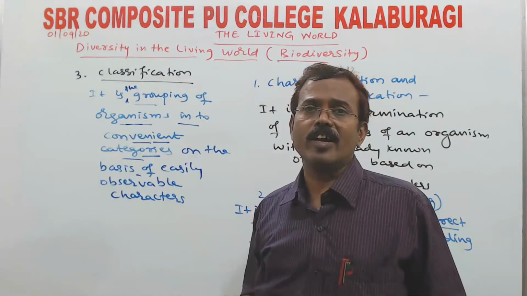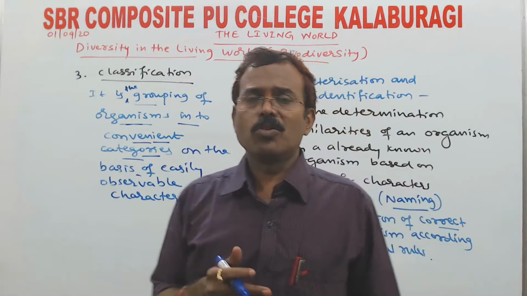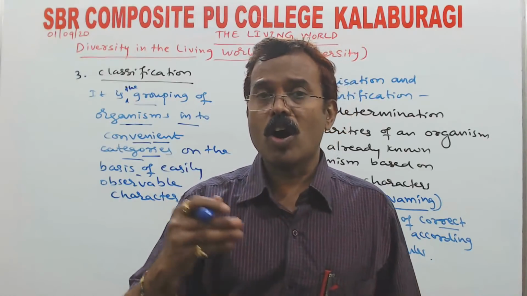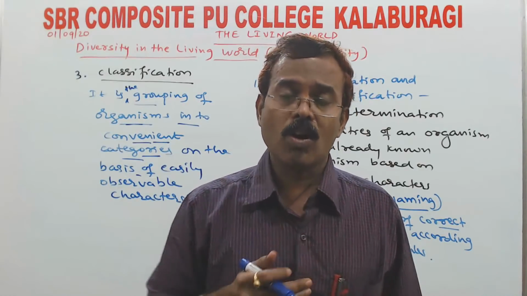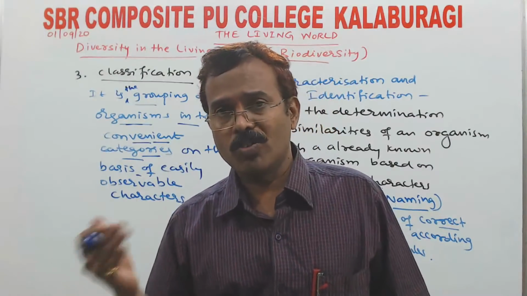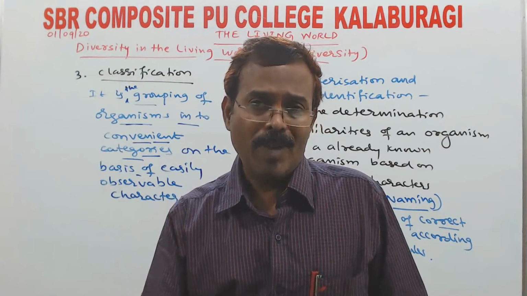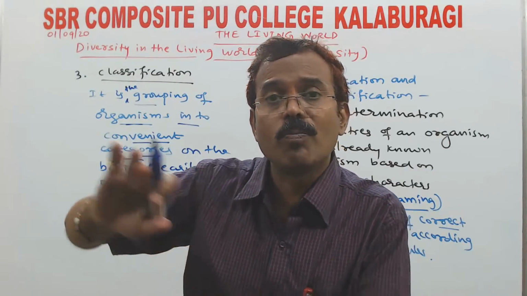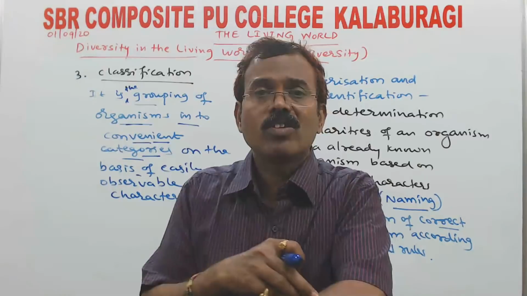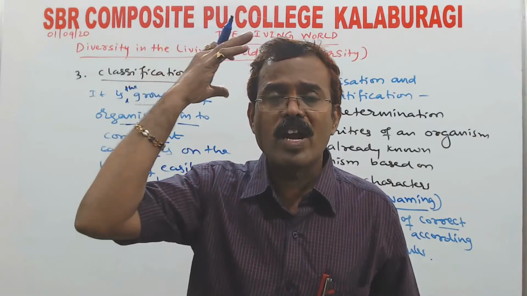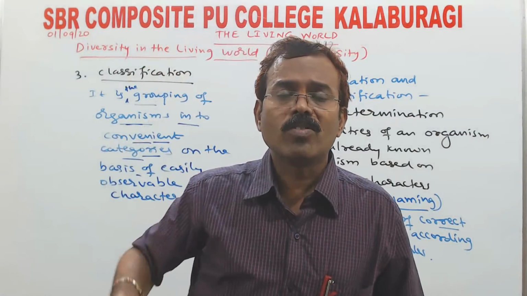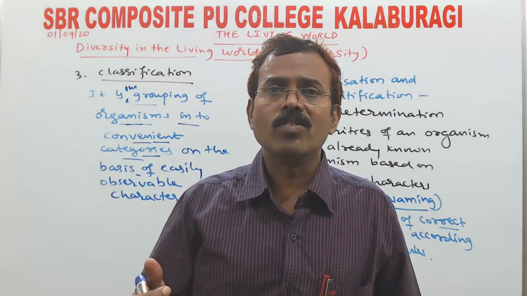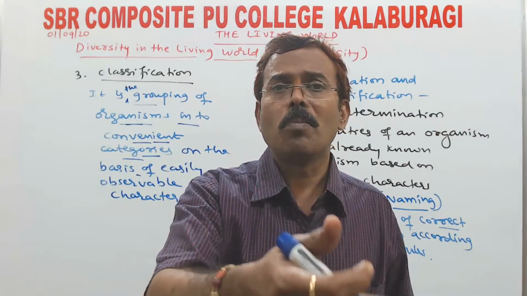If taproot system is there, reticulate venation, pentamerous flower, dicotyledon. If fibrous root system is there, then parallel venation, trimerous flower, these can be grouped into monocotyledon. Presence of hairs, well developed cranial system, vertebral column, mammary gland, these mainly we group into mammals.